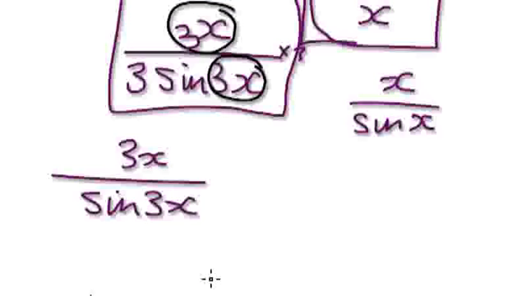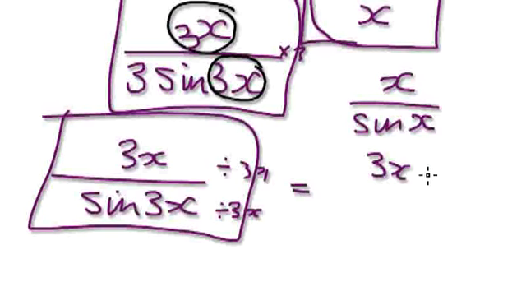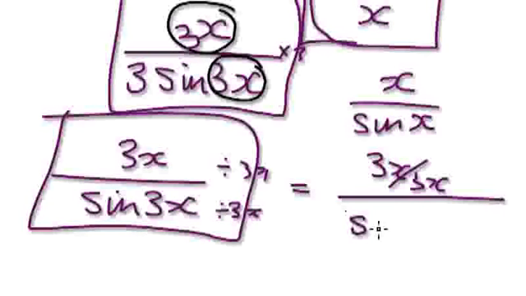So here, what you do is divide. This is just a trick. Divide top and bottom by 3x. So you will have something like 3x over 3x, and then over this here, sine 3x over 3x.